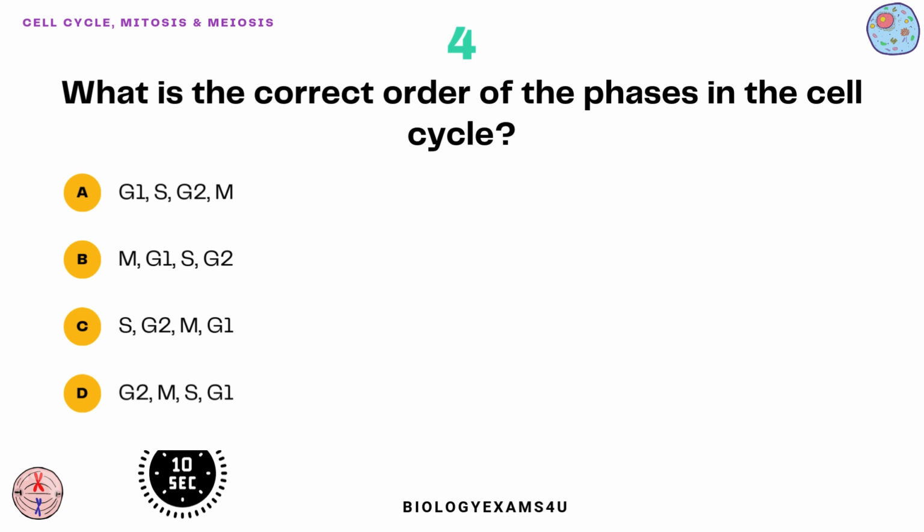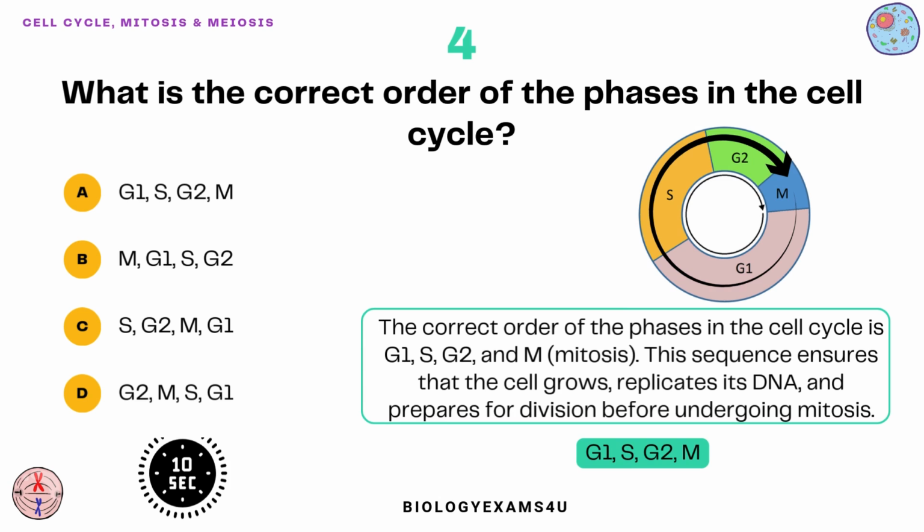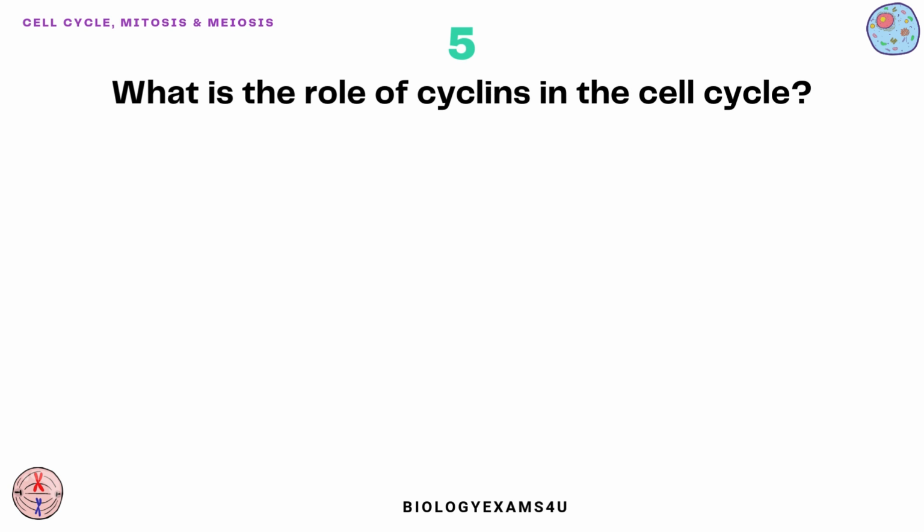The correct answer is G1, S, G2, M. And that is the order of the phases in the cell cycle. This sequence ensures that the cell grows, replicates its DNA in S phase, and prepares for division before undergoing mitosis in G2 phase.